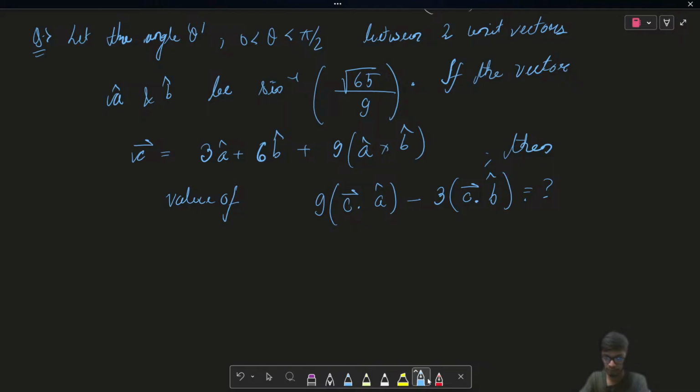Please try to solve this problem so that you can at least give it a try and have a feel for how you actually solve questions on vector equations.